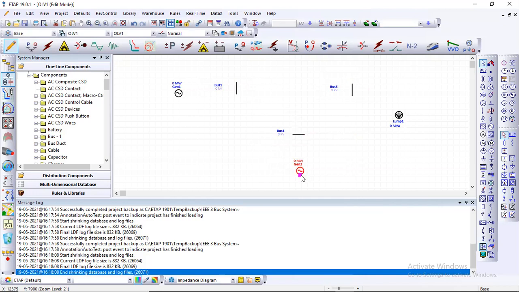If you want to connect and take the branch from the generator, it will be created from this side. So you have to move or rotate the generator, Control R, Control R. That means now you can take it particularly here.